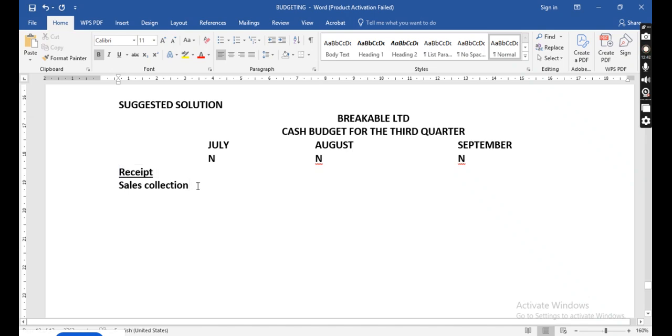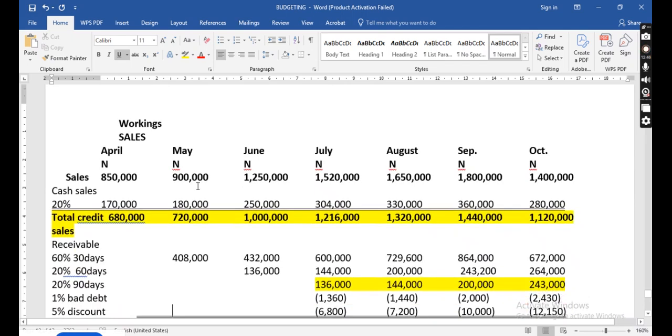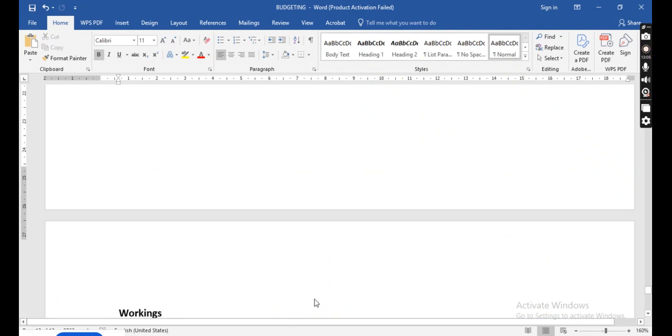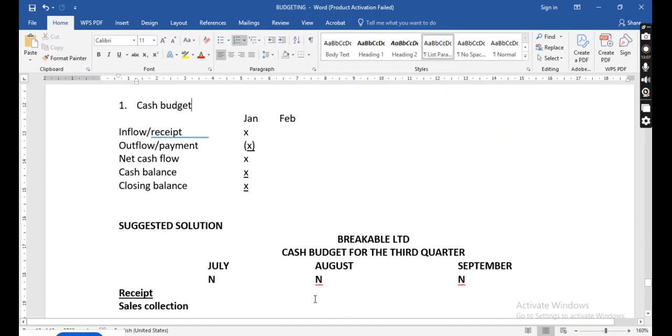So sales collection, please give me the figure for the sales collection for July. July, please pick it. Have you picked it? Are we good now? Okay, don't worry. Let me just copy this. July, August.